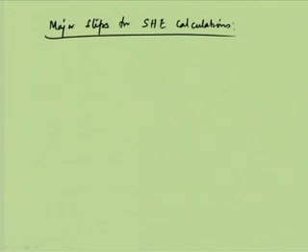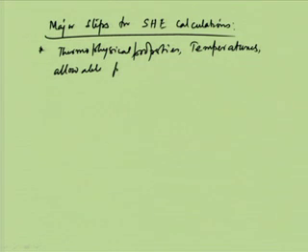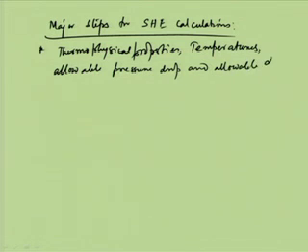So, the major steps: we have to know the thermophysical properties, temperatures, allowable pressure drop, and allowable dirt factor. So, these things we have to know while you are calculating this.